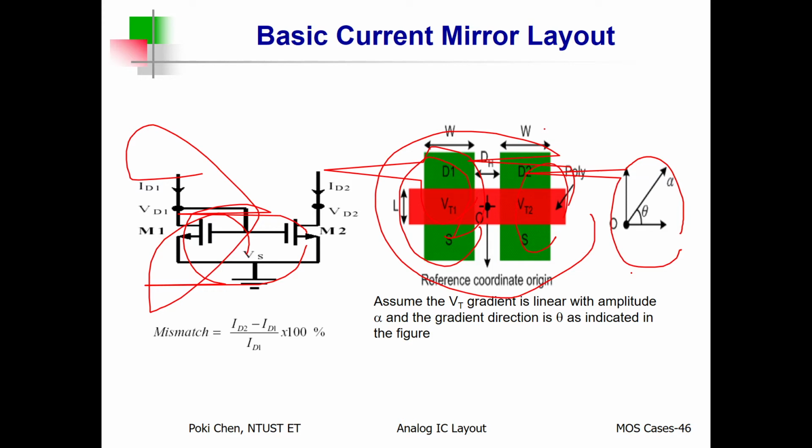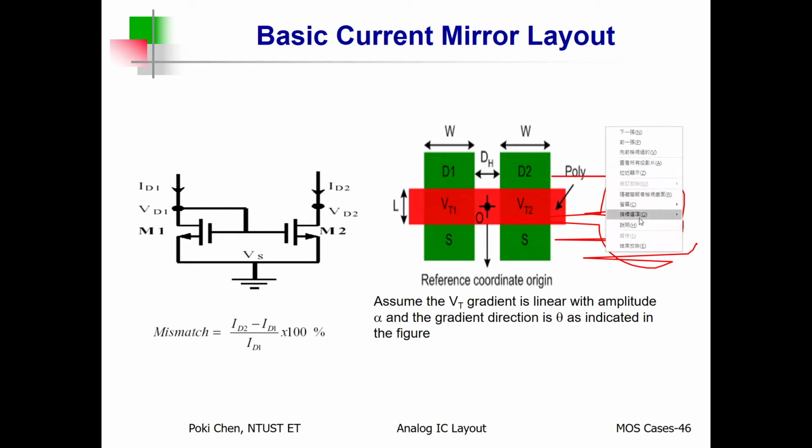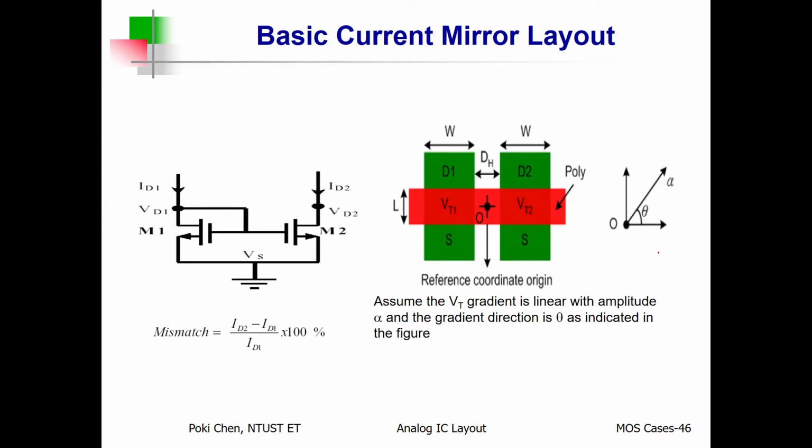To simplify the analysis, in this paper, we would like to only focus on first order gradient. First order means linear. Gradient means systematic mismatch. All right, this is a model to simulate the first order systematic mismatch.